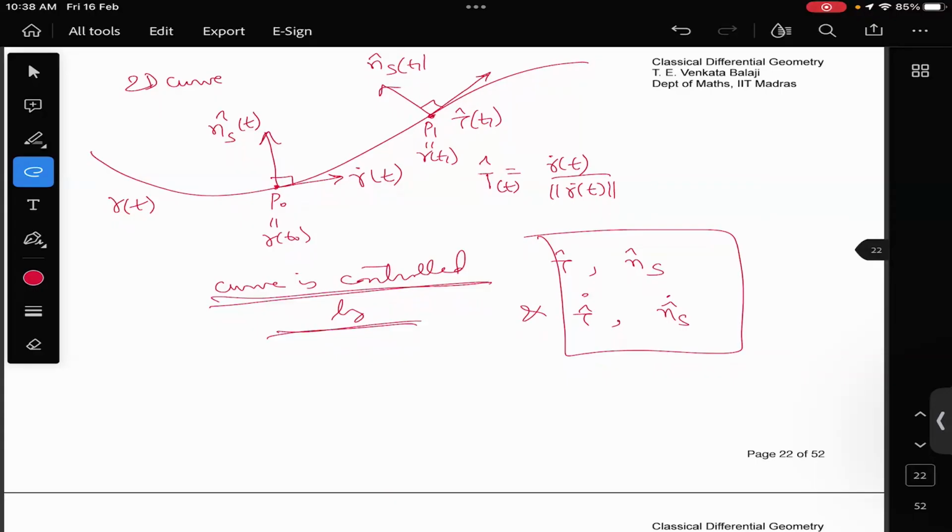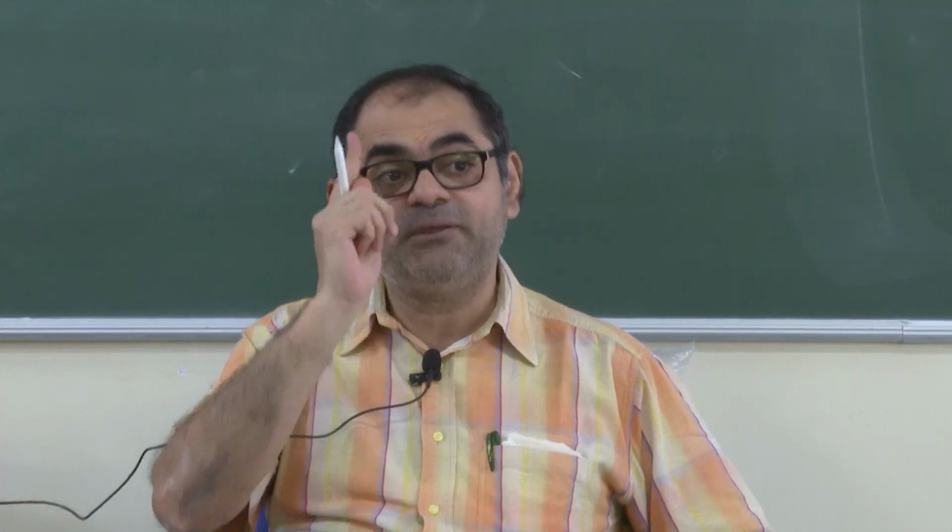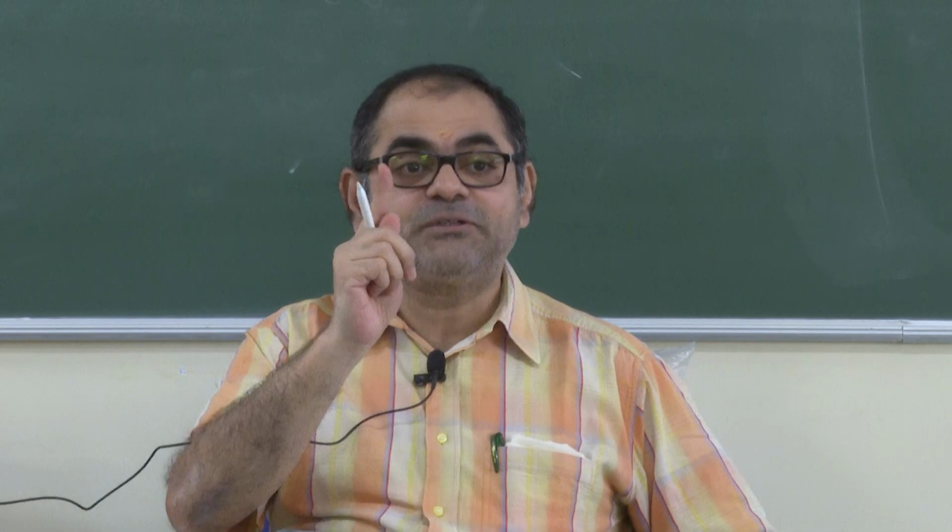And here is where something amazing happens. If you want to make this mathematically precise, this whole thing can be written as a single matrix differential equation. That becomes the dynamic equation of a moving particle on the curve, and this curve becomes the unique solution of that matrix differential equation.